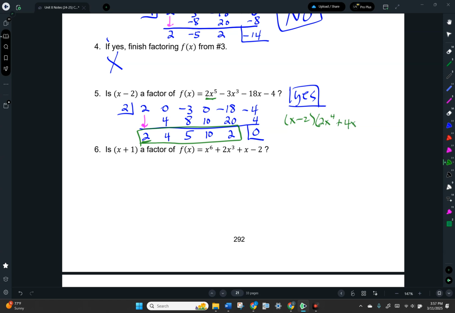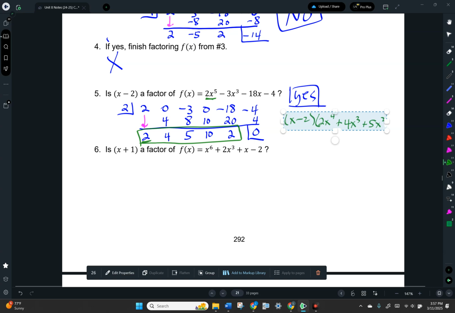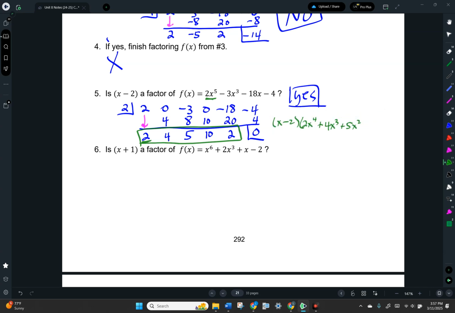So 4x cubed, 5x squared, 10x. I'm going to have to scoot this over, sorry. Here we go. Let's see. Then what did I say? 10x and then plus 2. So as far as I know, this is the factored form. There might be other ones that would work that I don't know of, but as far as I know, that would be your factored form.